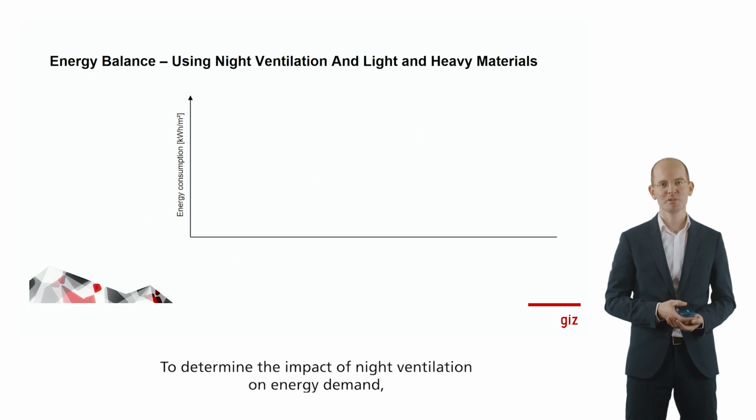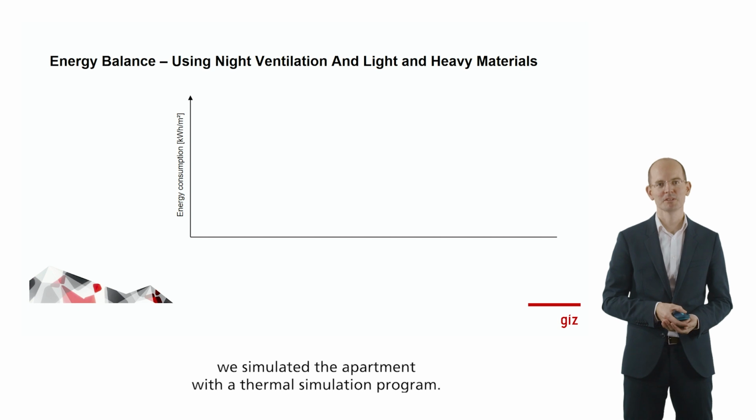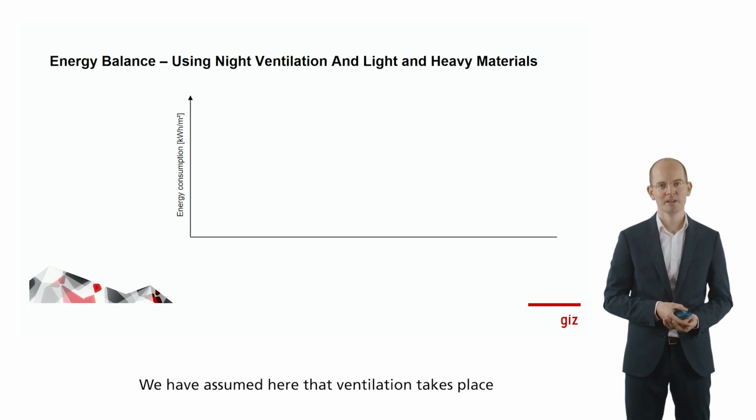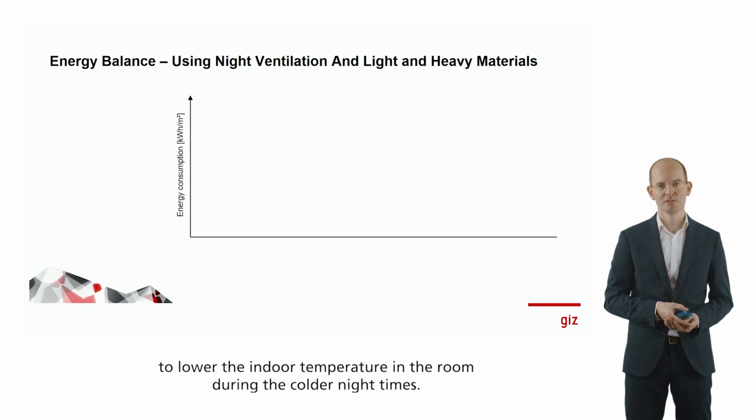To determine the impact of night ventilation on energy demand, we simulated the apartment with a thermal simulation program. We have assumed here that ventilation takes place through the window during night time in summer. The idea is to use the mass flow of air to lower the indoor temperature in the room during colder night times.